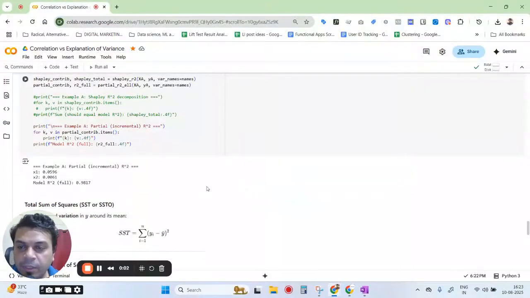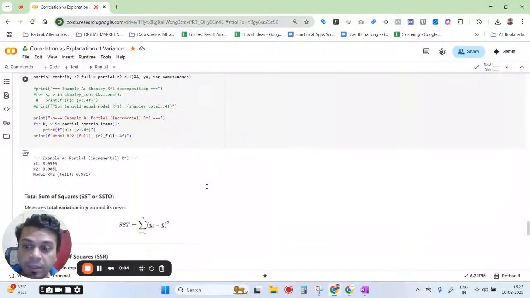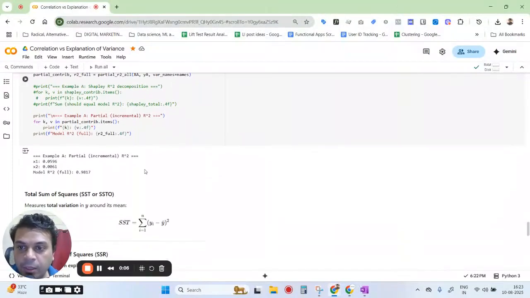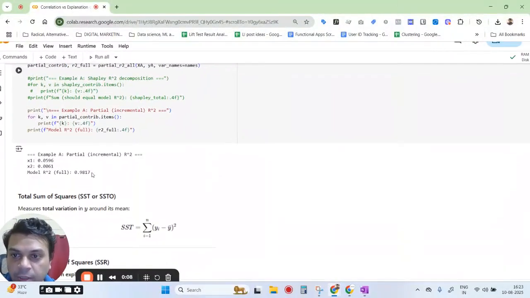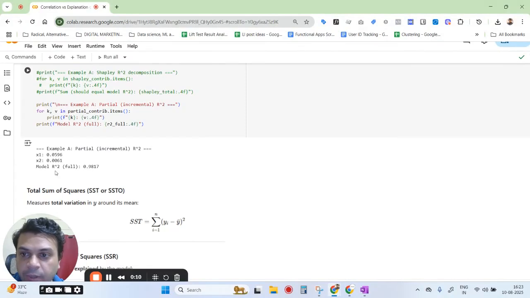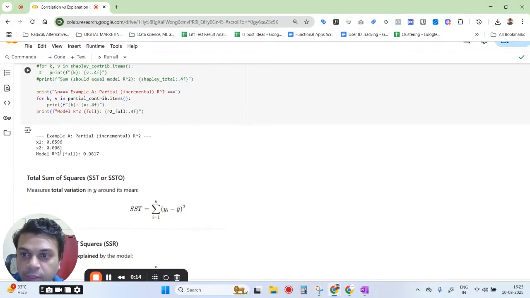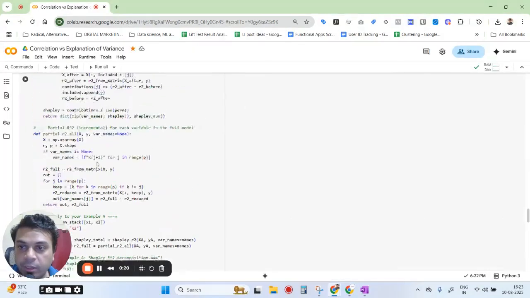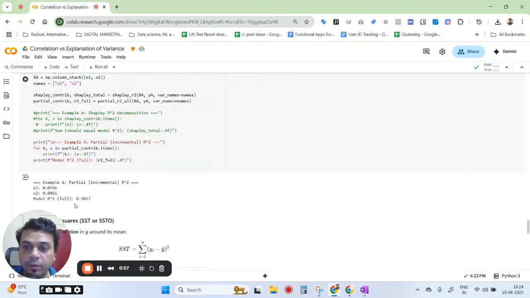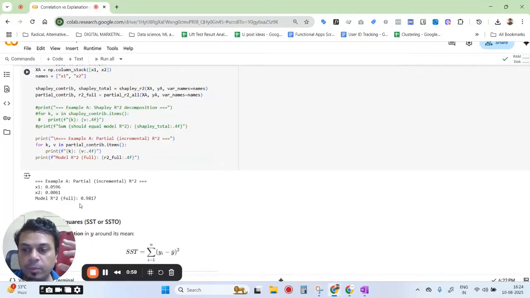So in this example, this is the multicollinearity example, by the way. We see that the partial or incremental R squared for x1 is 0.05 or almost 0.06, and for x2 it's much lower, right? It's 0.0061. The total model R squared is 0.9817. You see that the incremental R squared values are not always going to sum to the total model R squared.